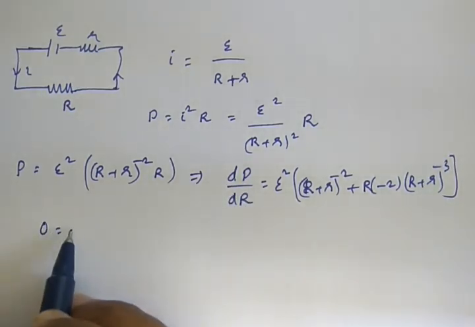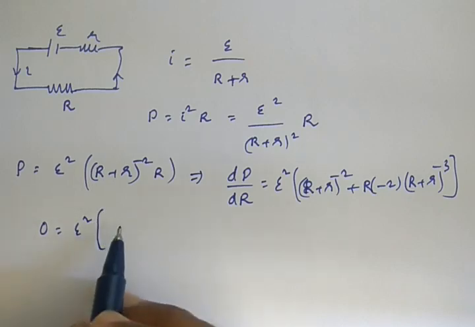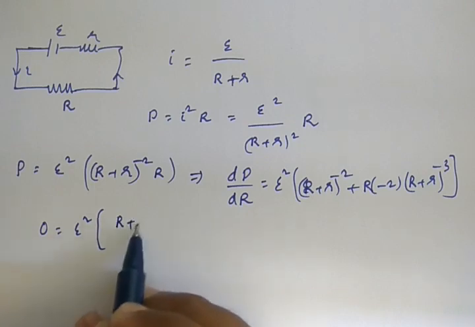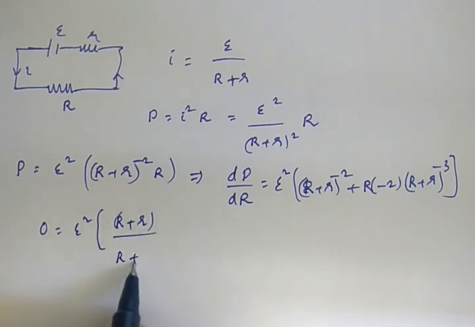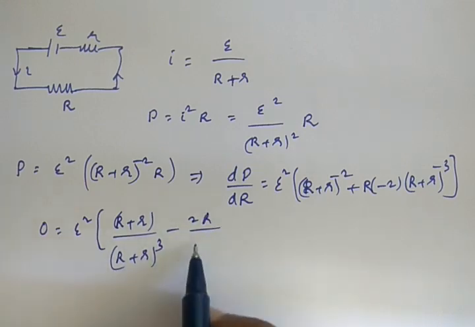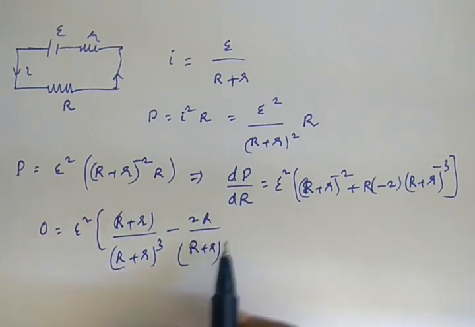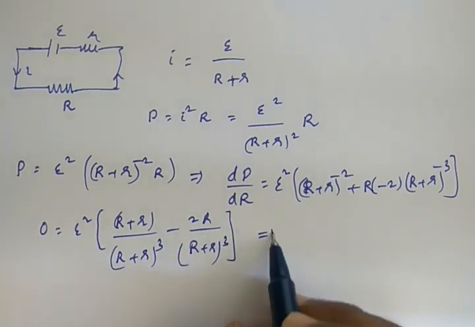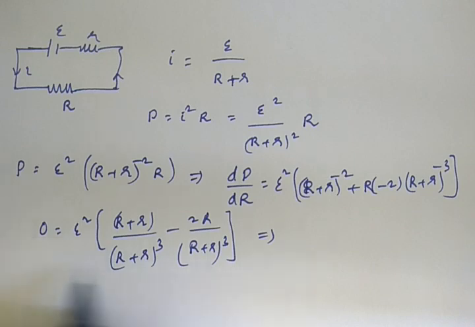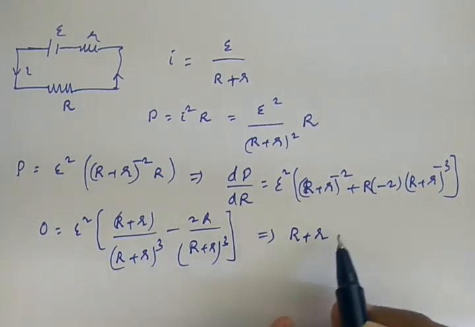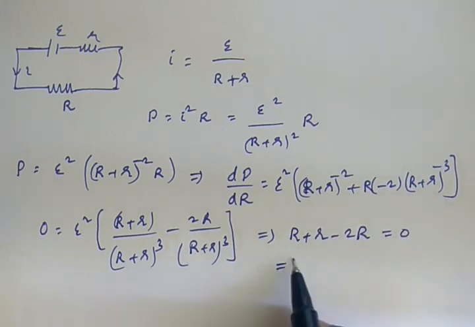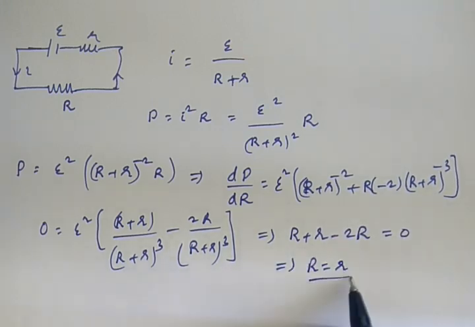Now 0 equals E square into, when you rewrite this part, you get (R plus r) by (R plus r) to the power 3 minus 2R by (R plus r) to the power 3. Once you take this common, you finally get R plus r minus 2R equals 0. That gives you R equals r.